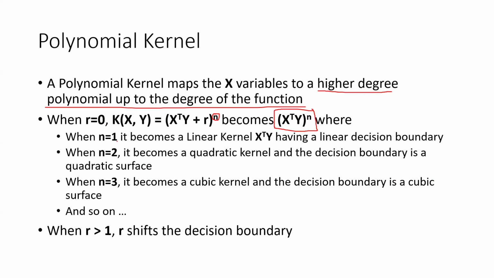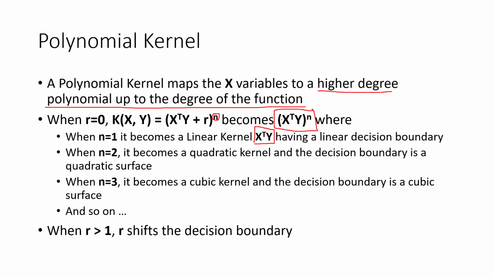If n is 1, it's just the linear kernel, so the decision boundary would be a linear decision boundary as usual. If n is 2, it becomes a quadratic kernel. That means the decision boundary would be a quadratic decision boundary. When you take n as 2, you can actually calculate it.